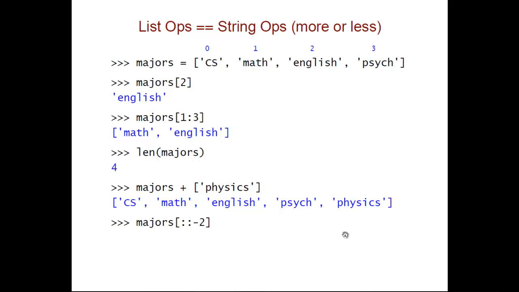I can also do skip slicing, so here I'm saying I want to use the entire list as my starting point, because notice I'm leaving out the start and end values, but I'm using a stride length of -2. So what does that give me? I get this because I'm starting at the end, and that's because my stride is negative, and I'm going every other element. So I get psych first, that's string, and then I skip and I get math, and then I get nothing else because if I skip another 2, I come off the list.